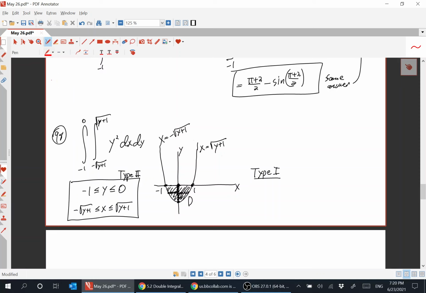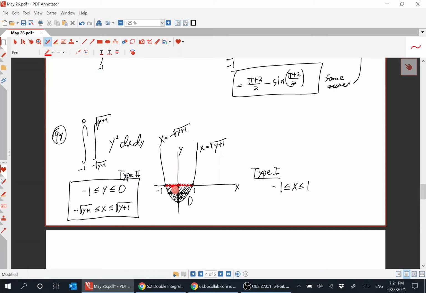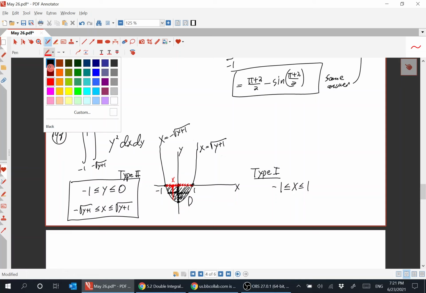And what's the extreme left and right for x on this interval? -1 to 1. Yeah, -1 is less than or equal to x is less than or equal to 1 right here. All right, and then given x in that interval there, y goes from this curve to 0. So the upper bound for y is the x-axis. That's just 0. And then the lower bound for y are these square root things.